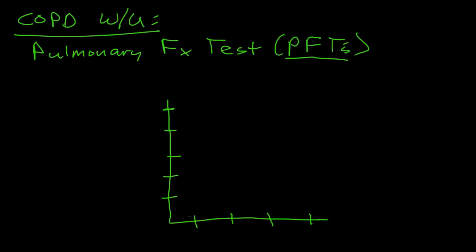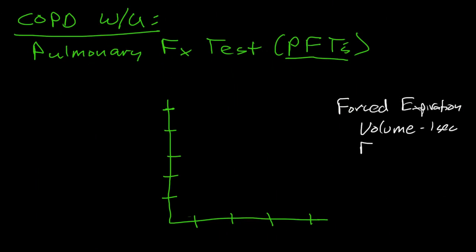And we are most interested in a test called the forced expiratory volume over 1 second, abbreviated as FEV1. And then the other test that we also look at is the forced vital capacity, abbreviated as FVC.